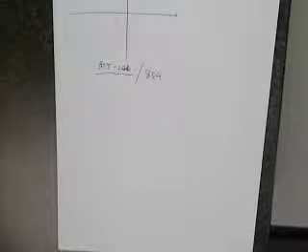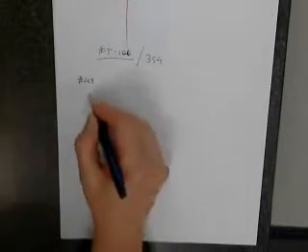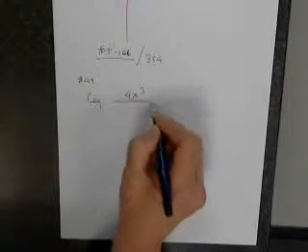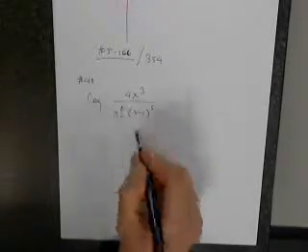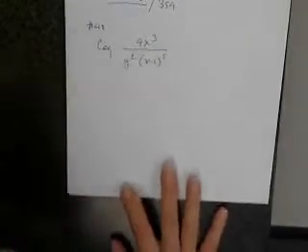So I would like to start with 48. So common log of 4x cubed divided by y squared (x minus 1) to the 5th. We're asked to expand.